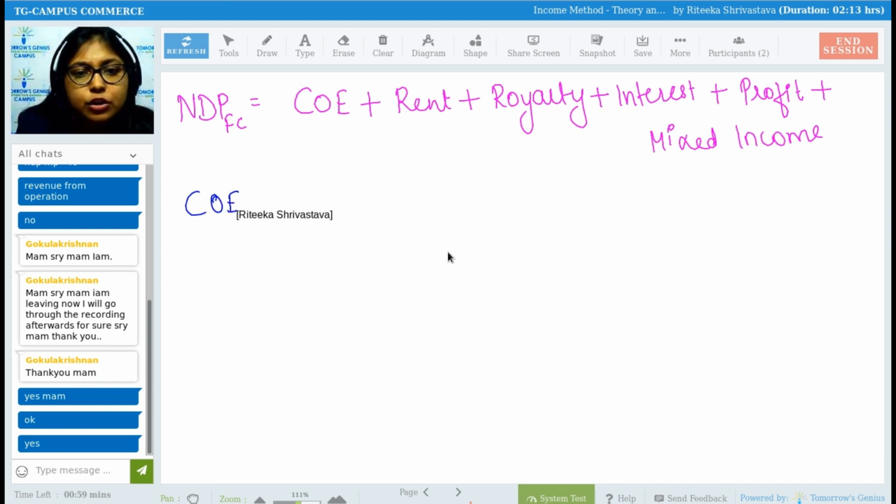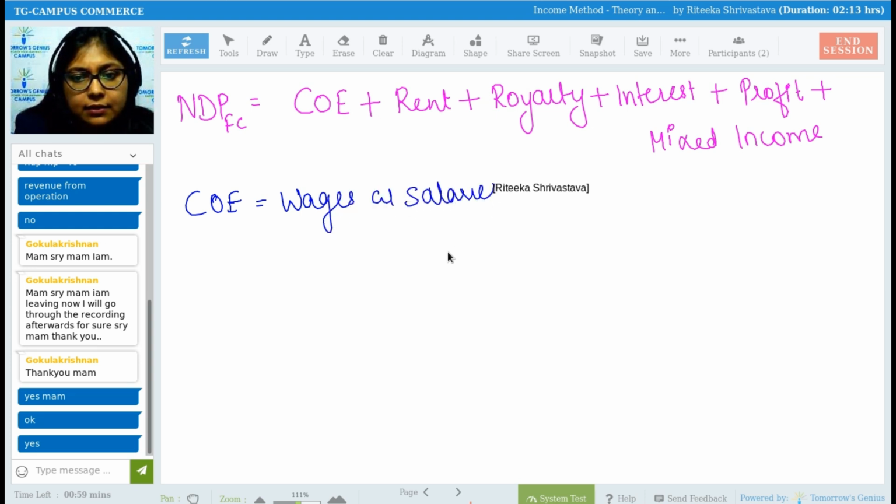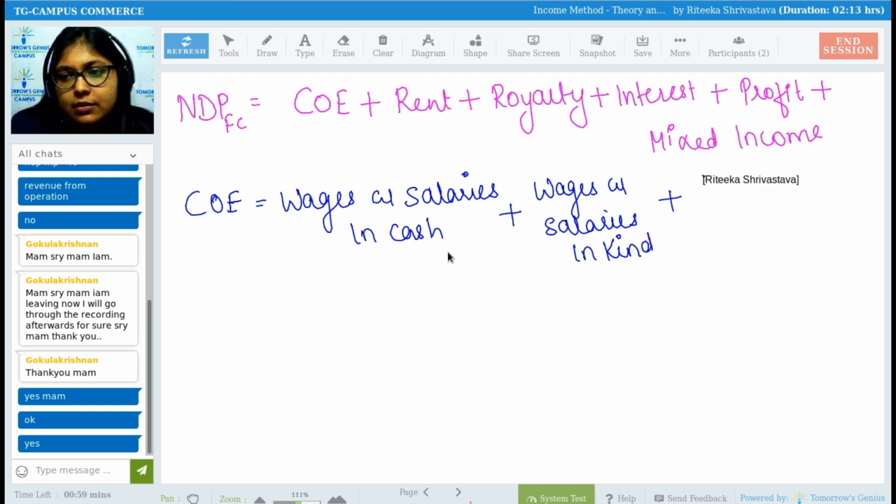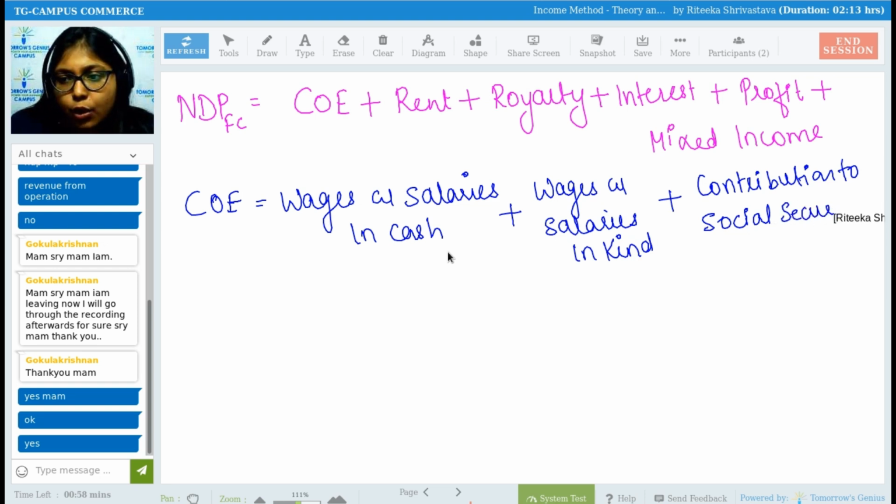Next, COE or compensation of employees includes wages and salaries in cash plus wages and salaries in kind plus contribution to social security scheme.